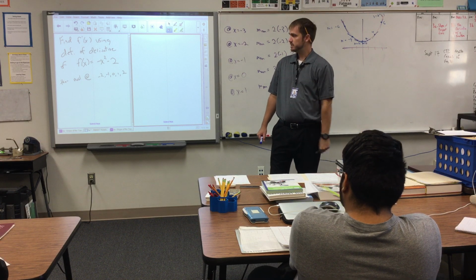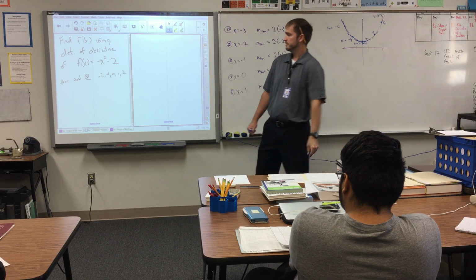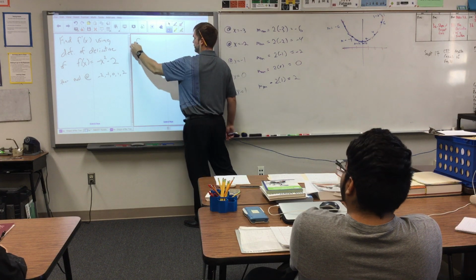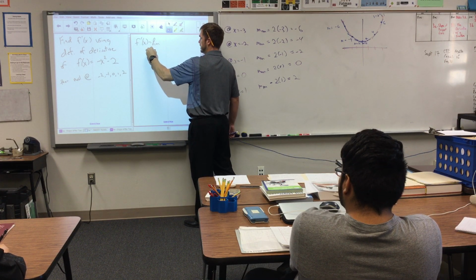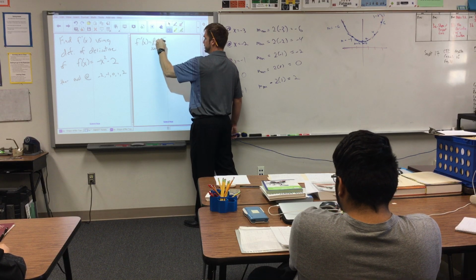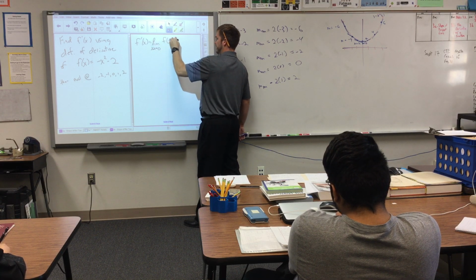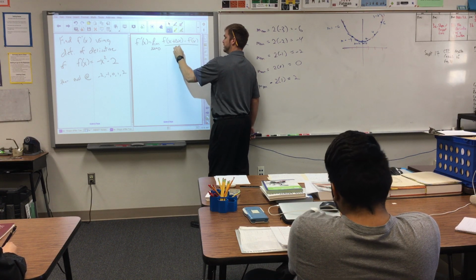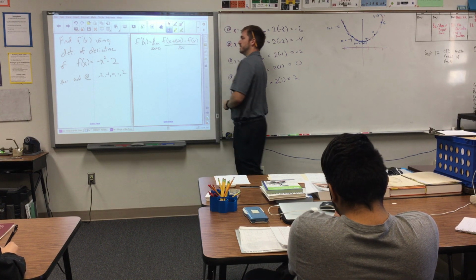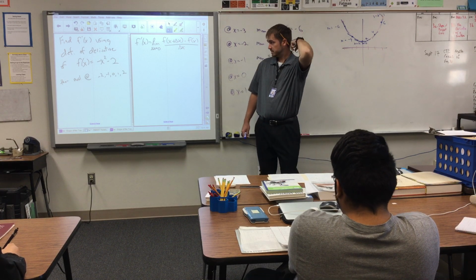All right? So, remember that we'll just write down the formula. F prime of x equals the limit as delta x approaches 0 of f of x plus delta x minus f of x, all over delta x.